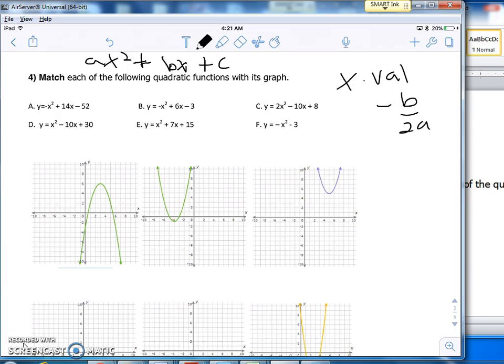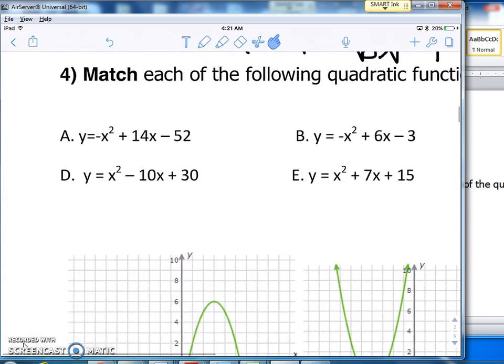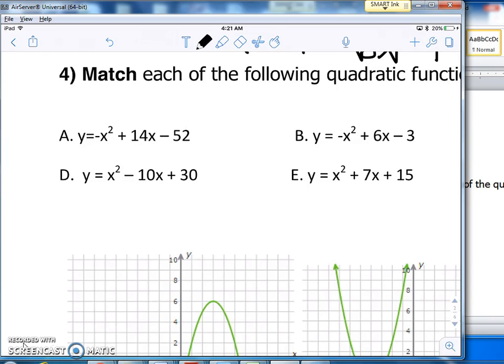So for the first one, our a value is -1. Our b value is 14. So the opposite of b over 2a is -14 over -2, which is 7.